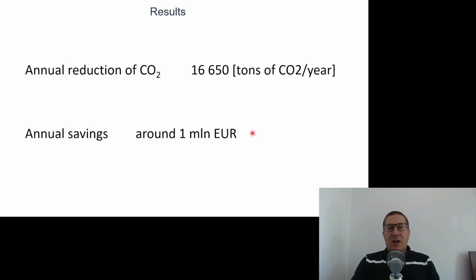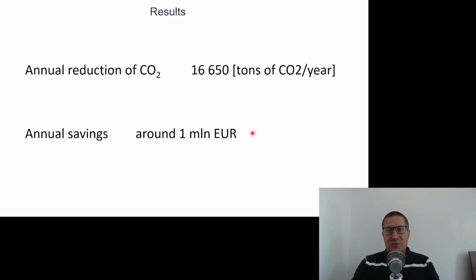Okay, and what are the results of the project? So the annual reduction of CO2 emission is 16,650 tons. Thanks to the application of data science methods to this particular network, the district heating network operator, Veolia, was able to reduce 16,650 tons of CO2 per year.